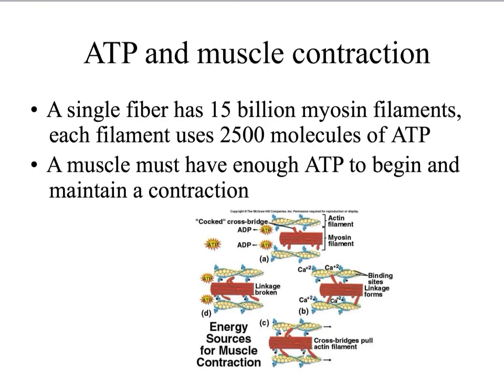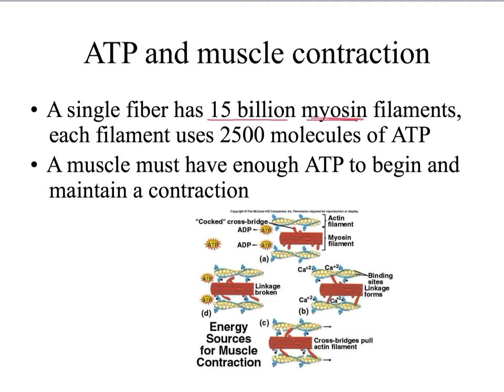Now, back on my artwork with a hamburger, we were talking about glycolysis and metabolism a little bit. Now, again, this is not something that you need to learn these numbers, but I just wanted to give you some idea of the magnitude of the quantity of the ATP you have to have for sustained muscle contraction. Each fiber, each muscle cell has 15 billion thick filaments, the myosin filaments.